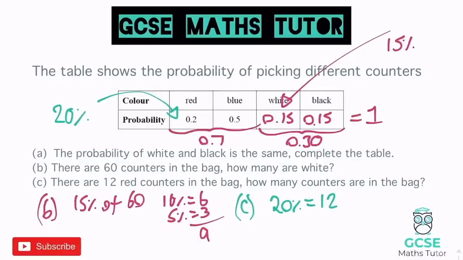I could just times that by 5, but let's imagine it's not a nice percentage. I'd have to try and break it down to something which turns into 100. So we could divide it by 2, which would give us 10%, which is half of 12, which is 6, and then times that by 10 to get us back to 100%. Again, you could actually just times 20% by 5, but I think that's quite nice just to break it down and build it back up. So 60 counters there would be in the bag.